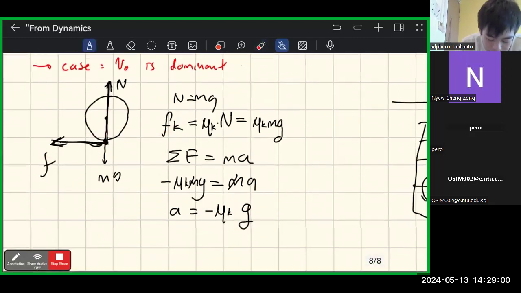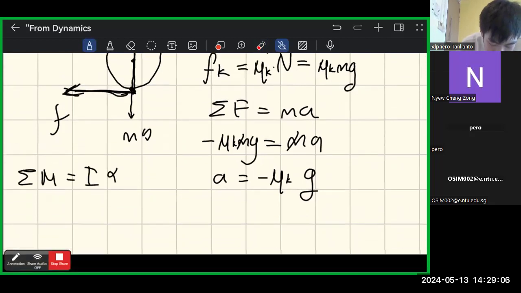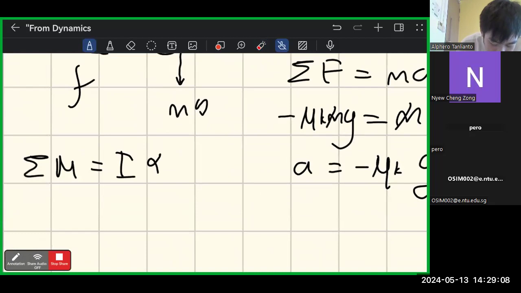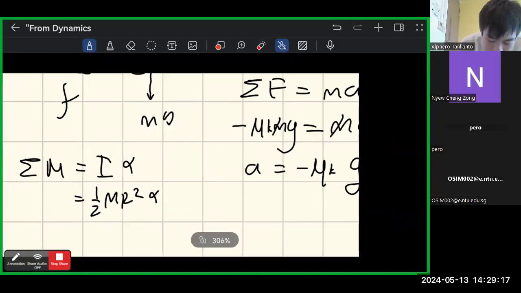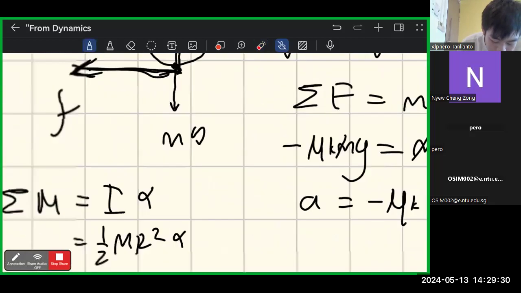And for the moment, sigma moment equals I times alpha, where the I here is half of m r squared, times alpha. The moment here is rotating clockwise, which I'll say is a positive moment, which is F times R with respect to this center point.